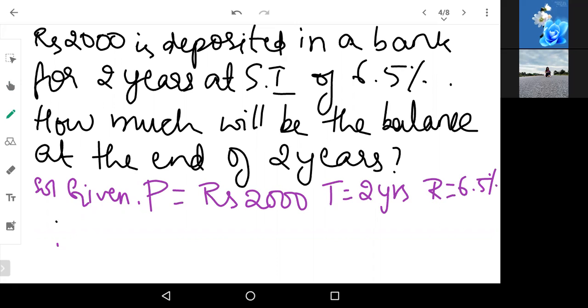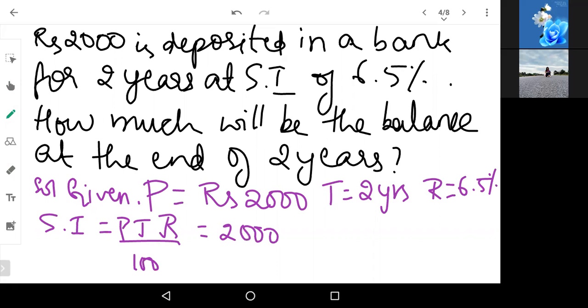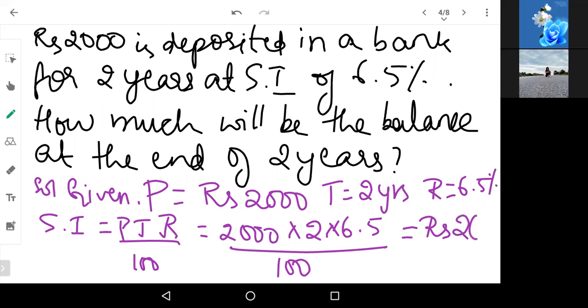So the simple interest, write the formula. Simple interest, PTR by 100. So which is 2000 into 2 into 6.5. Take it as 6.5 directly. Divided by 100. How much do you get? Rupees 260. So this is the simple interest.